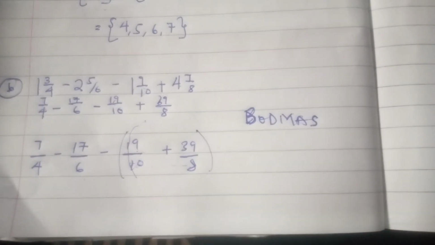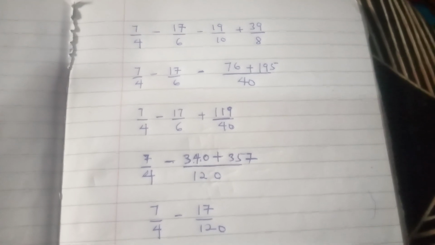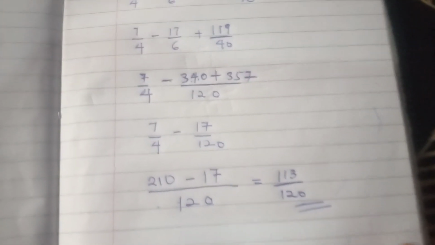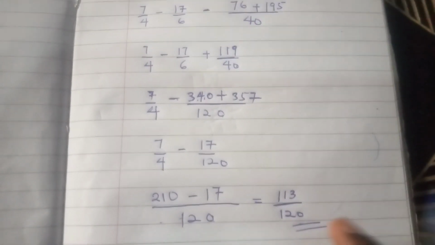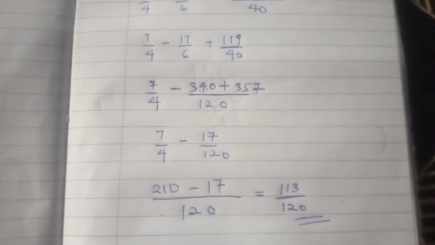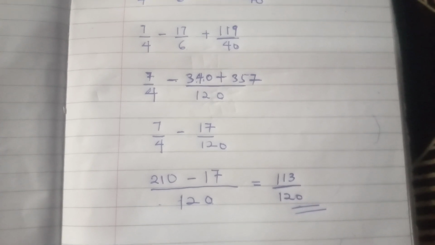Once you solve for it and you get your answer, then you apply the subtraction. But it looks like with this, if you are solving and you are not taking good care, it is going to affect your answer. So viewers, trust me, I will come back again with this particular solution and see how best we were supposed to answer that question.